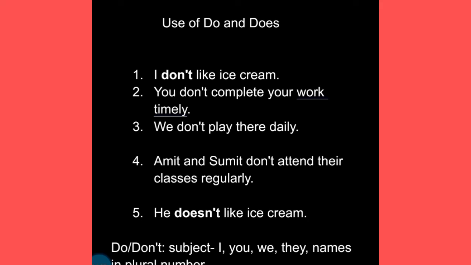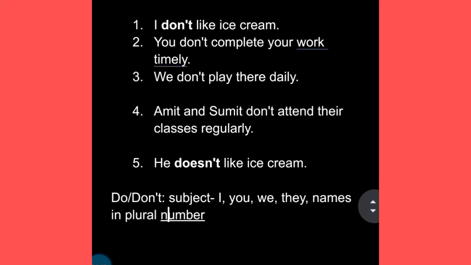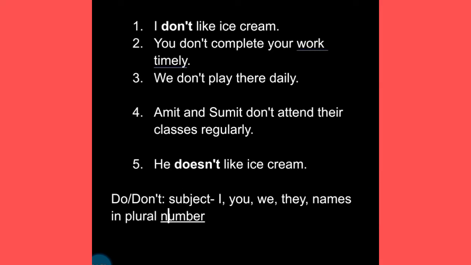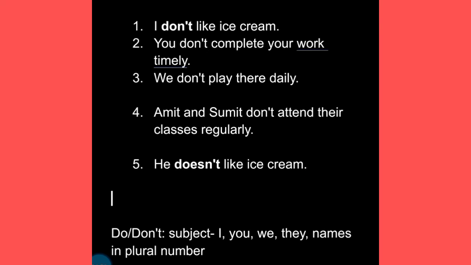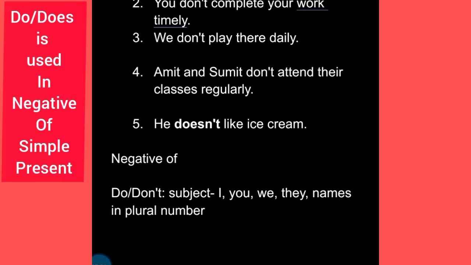Although Amit and Sumit are the names of people, since they are more than one, they are in plural number. So if the names are in plural number, we have to use do. In these conditions we have to use do. So the first rule is the negative of simple sentences.